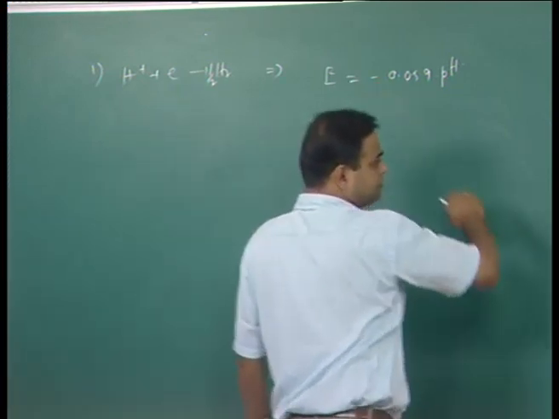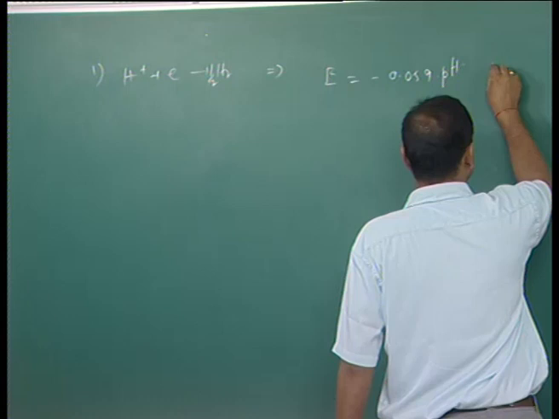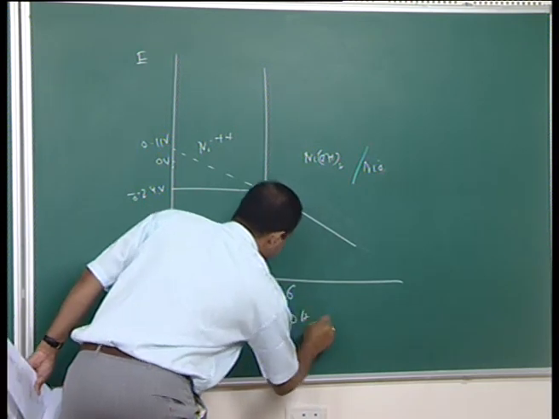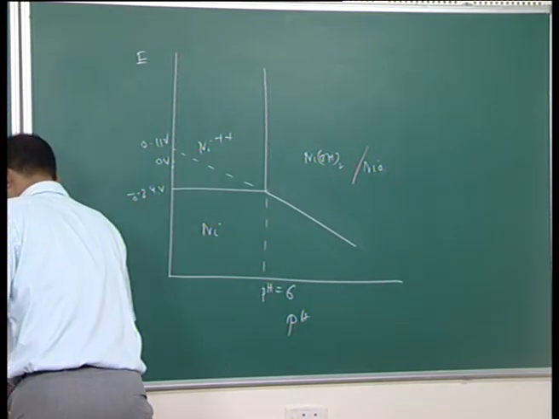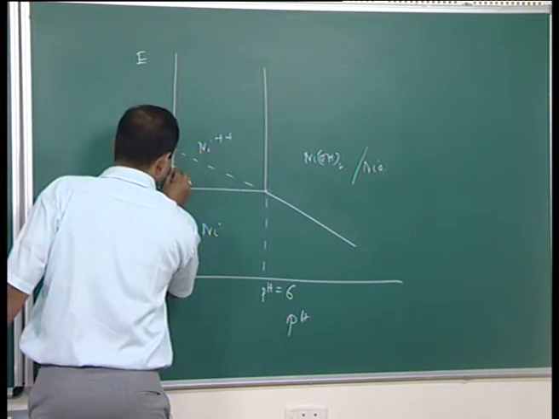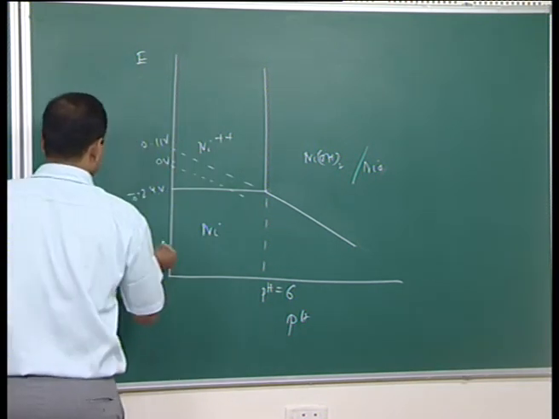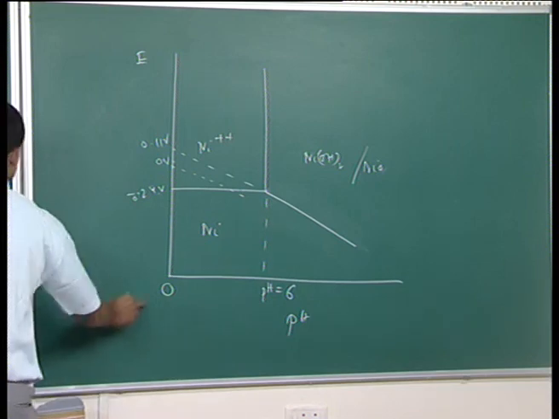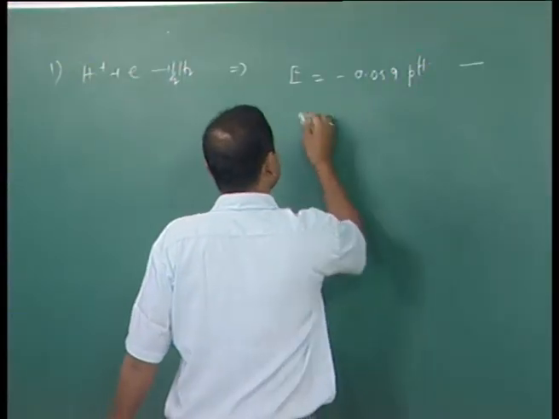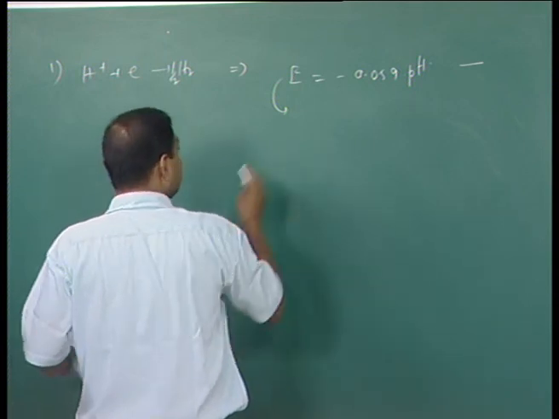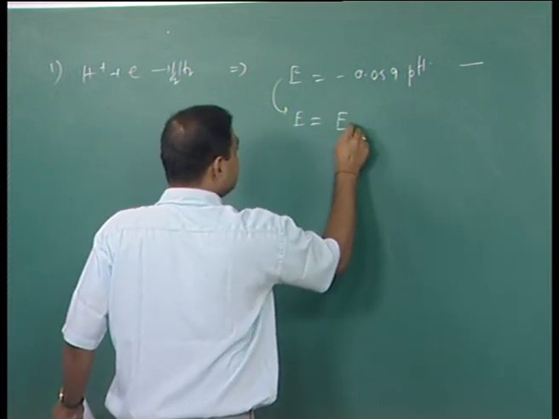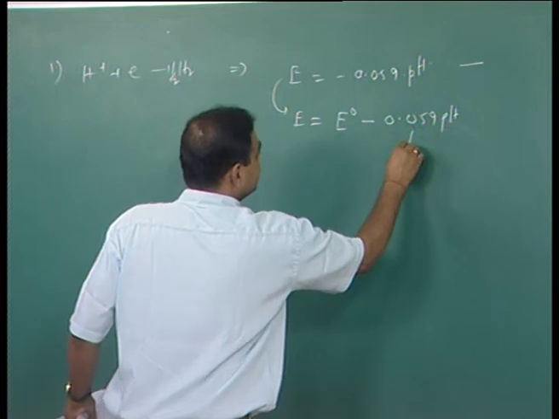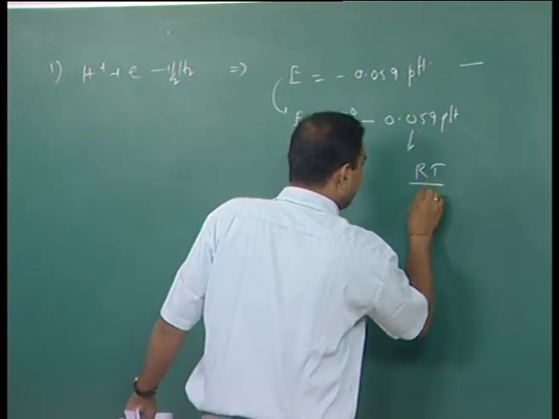So this equation can again be plotted in this E versus pH diagram, which is nothing but from 0 it will start, because when it is 0 volt, that time the pH should be 0, because if you extend this Nernst equation, then it would come E equal to E0 minus 0.059 pH. This is nothing but RT by F.